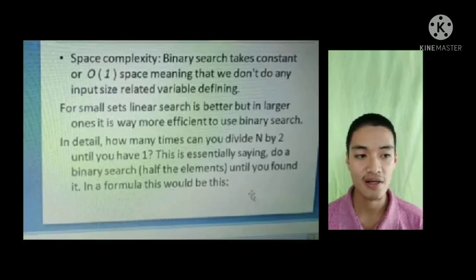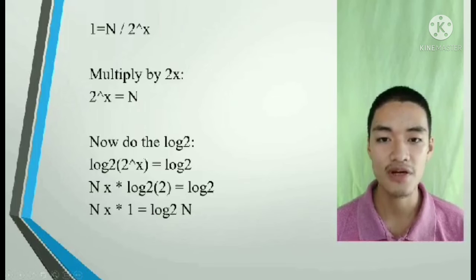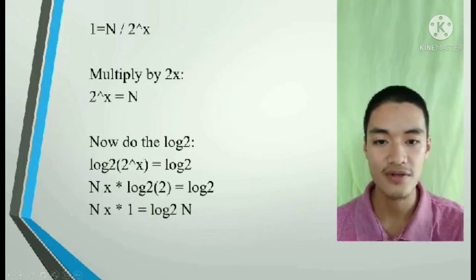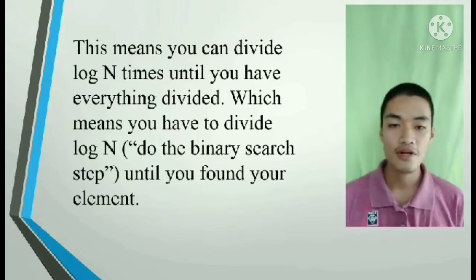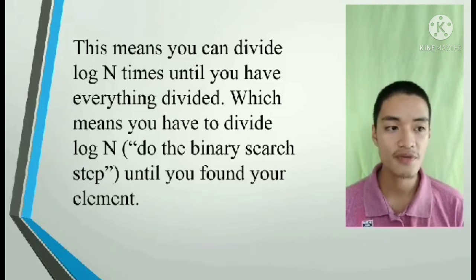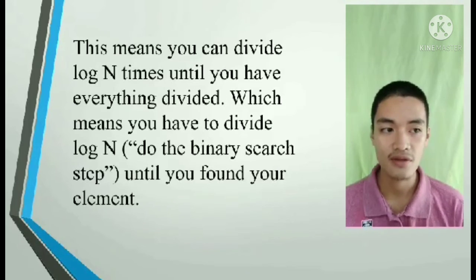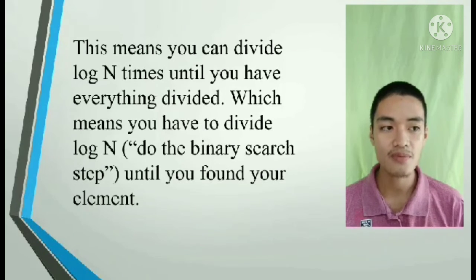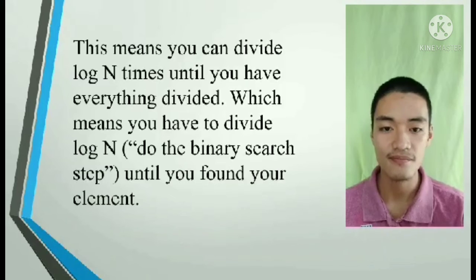In a formula, this would be this. So this will be our formula. Let's go to the next one. So, the process of the formula. This means you can divide log n times until you have everything divided, which means you have to do the binary search step log n times until you find your element.